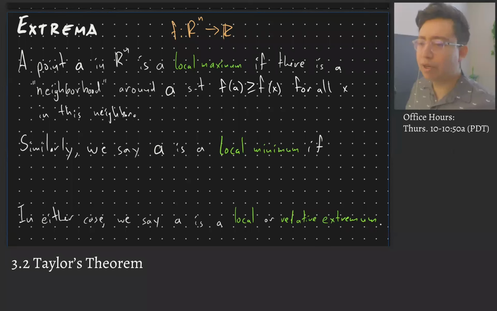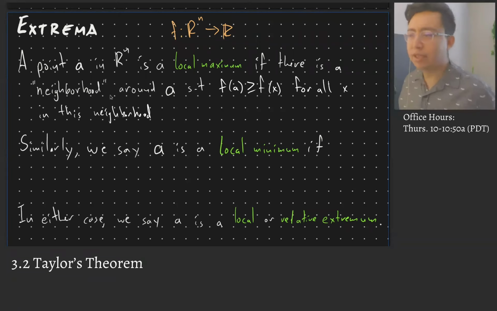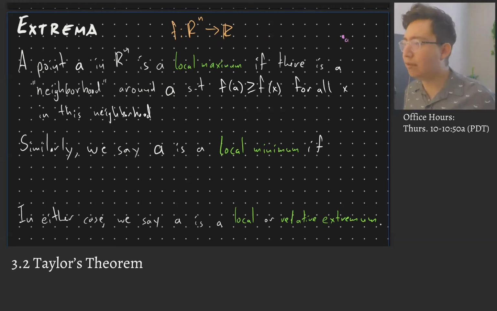So neighborhood, I put in quotes here, but it actually does have a very specific definition. Basically, a neighborhood around a point A is just like you take a little disk around that point. So if you take A to be a point in, for example on this page, R^2, so this here is A, then a neighborhood of A would be something that looks like this.